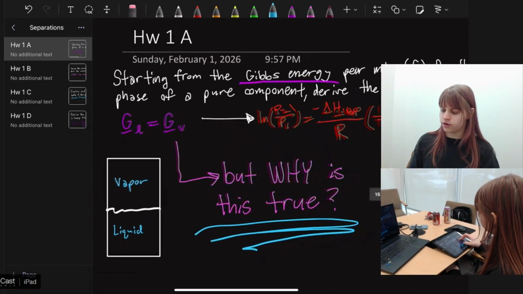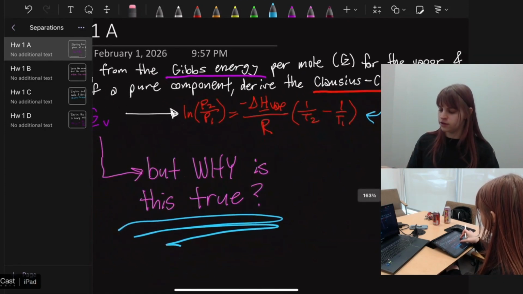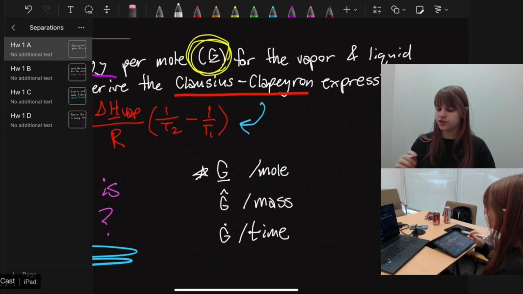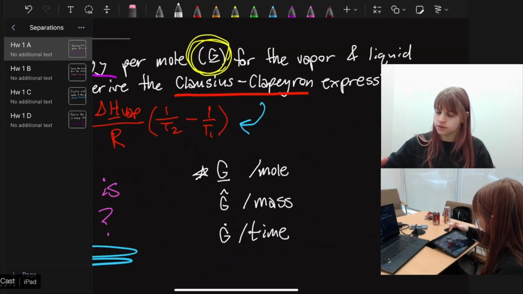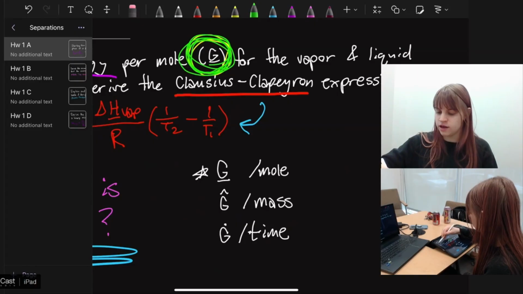And after that explanation, we're going to go ahead and try to get this Clausius-Clapeyron equation that you've probably seen before if you've studied chemical engineering or chemistry. And before I get too far into this, I did want to highlight my notation, such as this G with the underbar.